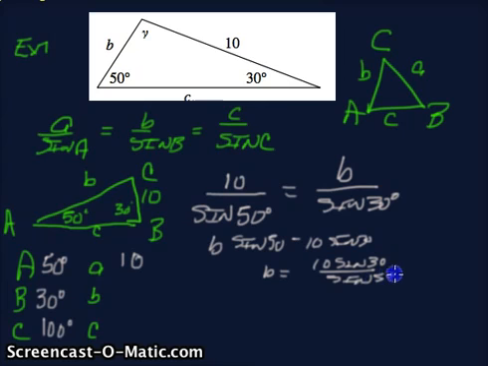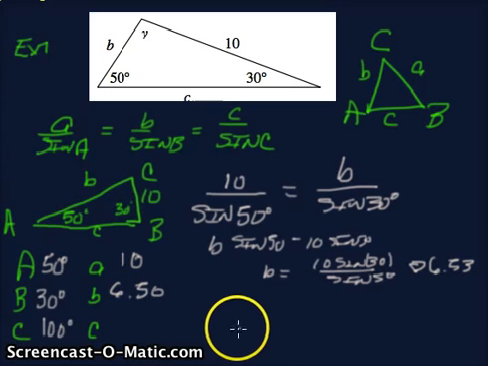Now, when you put this on your calculator, I would do 10 sine of 30, you could hit enter, divide by sine of 50, or you could do it all at one time. But if you do it all at one time, make sure you finish your parentheses there. So bottom line, when you do that and work that out, you get 6.53. So b is 6.53. Now before I do anything else, I'm going to put it right here in my little key. Now we have to find c.